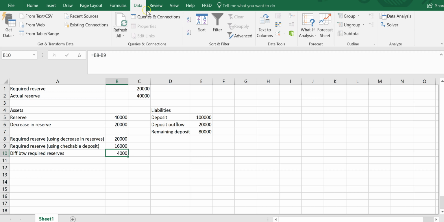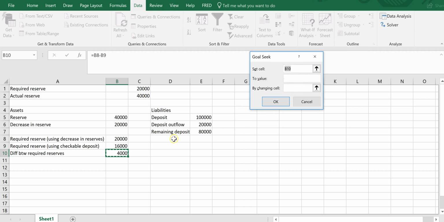So now I can use the what-if analysis in Excel and Goal Seek. I want to make this cell B10 to be 0, by changing which cell? Remember we said this initially, this deposit outflow, that's our X, that's our unknown here. And all other variables are based on this unknown.